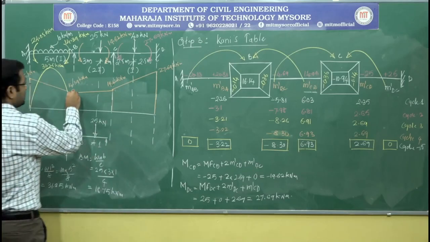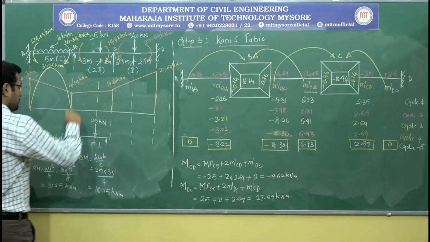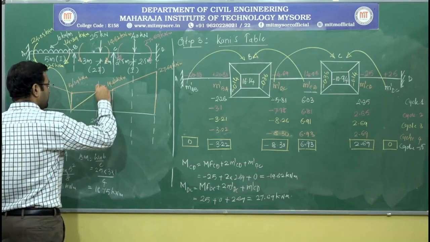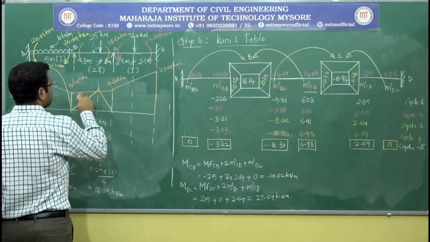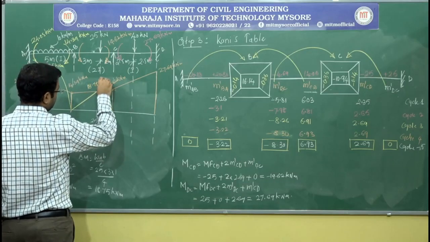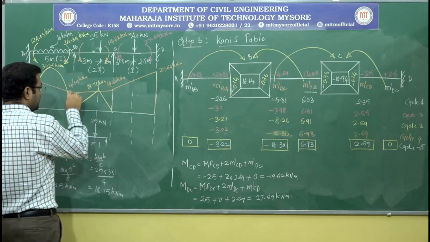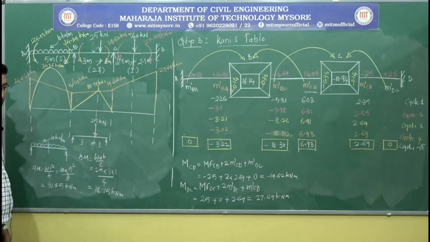So this is 14, 17, somewhere here it is very close. So this is 18.75 kilonewton meter. So this is 19.6, this is 14, means it will be just a little above the line. Okay.